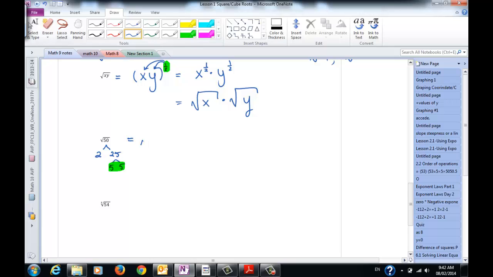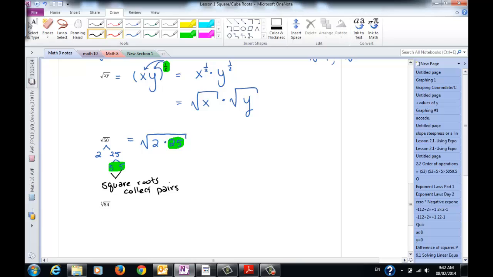And I can rewrite this as the square root of 2 times 25. And again, the only reason I've written 5 times 5 together is because they're a pair and we're doing a square root. So for square roots, we collect pairs.